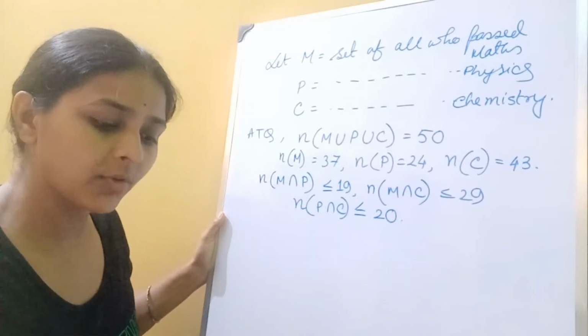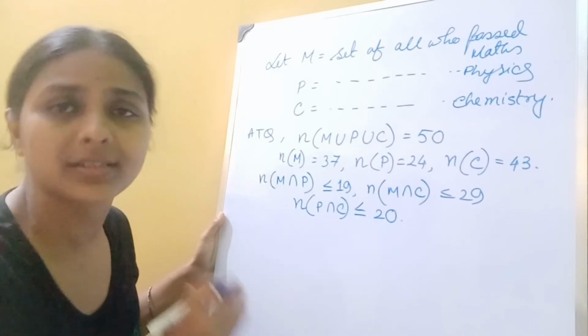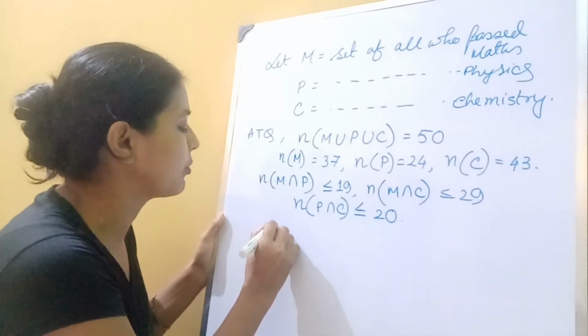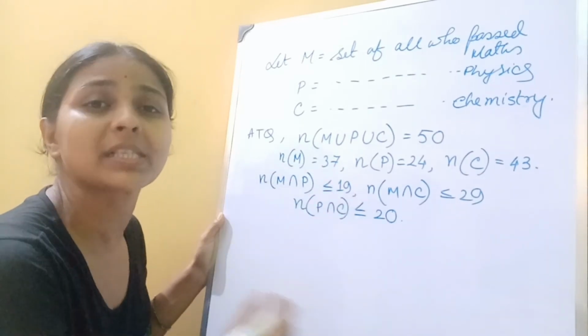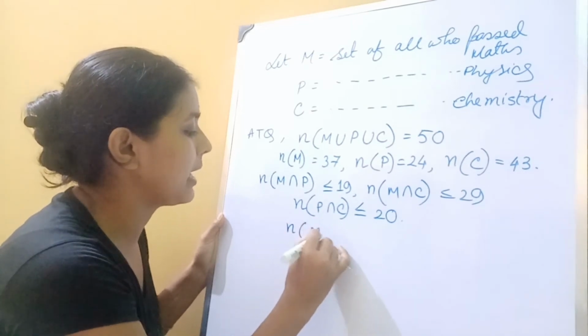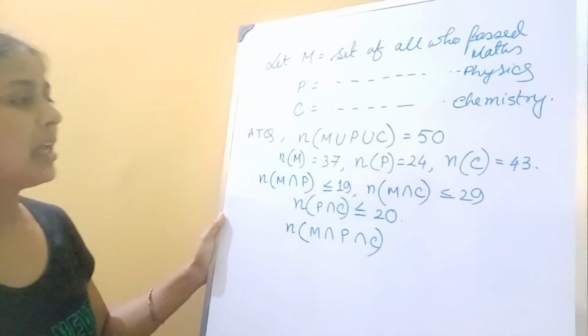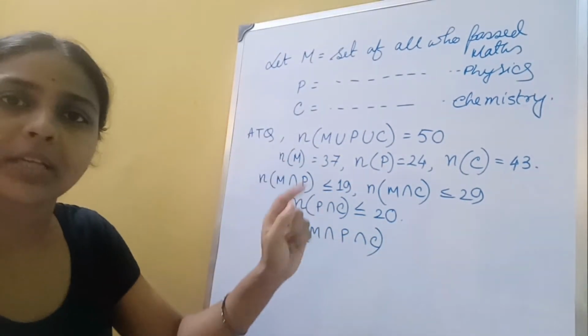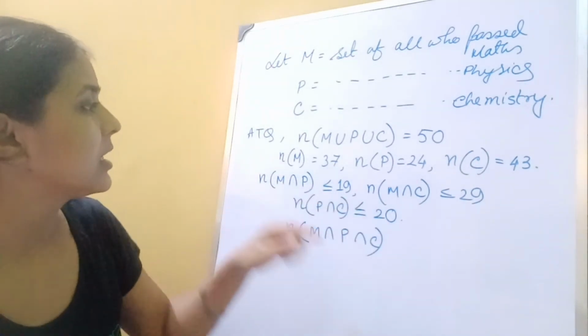Now we have to find out what is the largest possible number that could have passed all the 3 examinations. That means what we have to find out? We have to find out the largest possible, that means the greatest value of n of M intersection P intersection C. Now you can relate to the formula that I just wrote and erased because of the shortage of space.